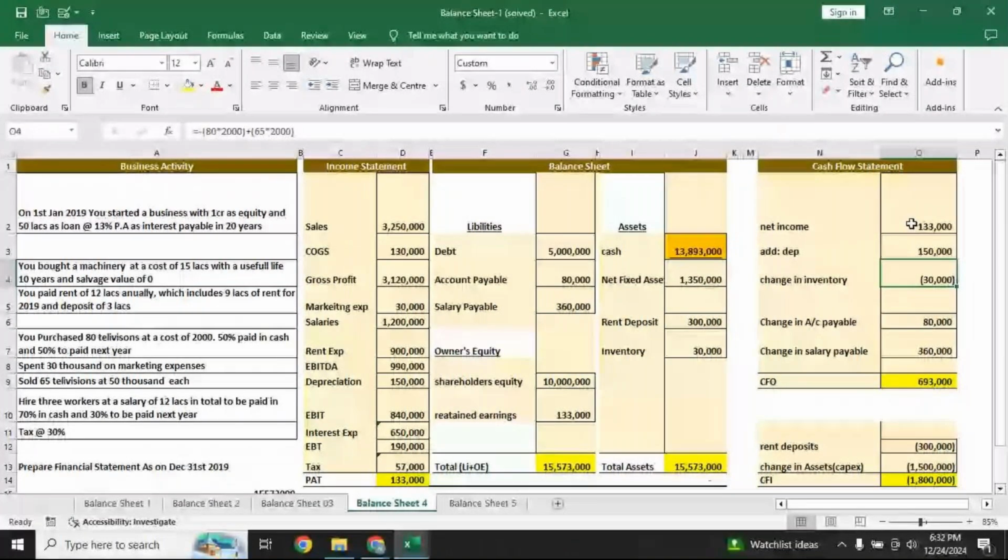Yes, ma'am. Ma'am, will you please show the previous balance sheet? Second or third? Ma'am, third one. No, third one only.